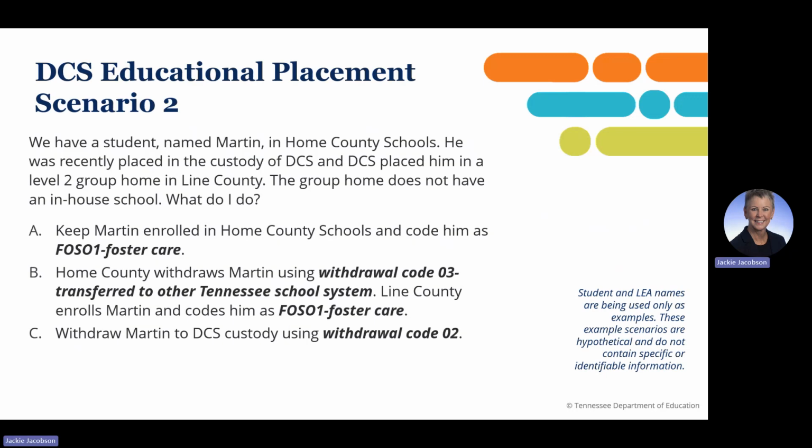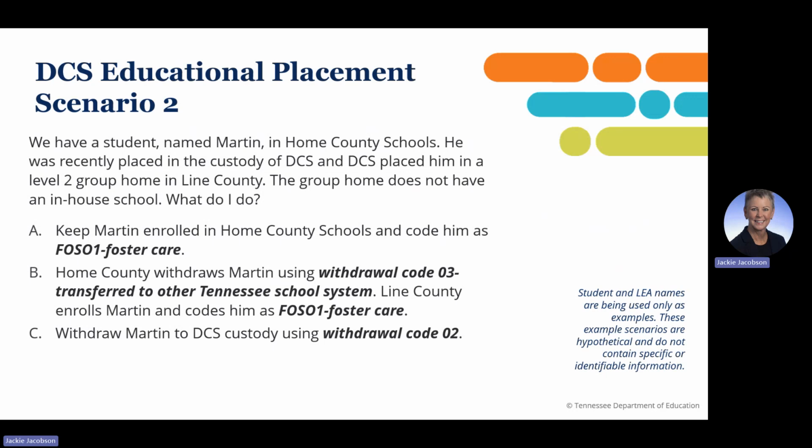Let's do another one. Here we have a student named Martin in home county schools. He was recently placed in the custody of DCS, and DCS placed him in a Level 2 group home in Lyon County. The group home does not have an in-house school. What do I do? A. Keep Martin enrolled in home county schools and code him as FOS01 foster care.